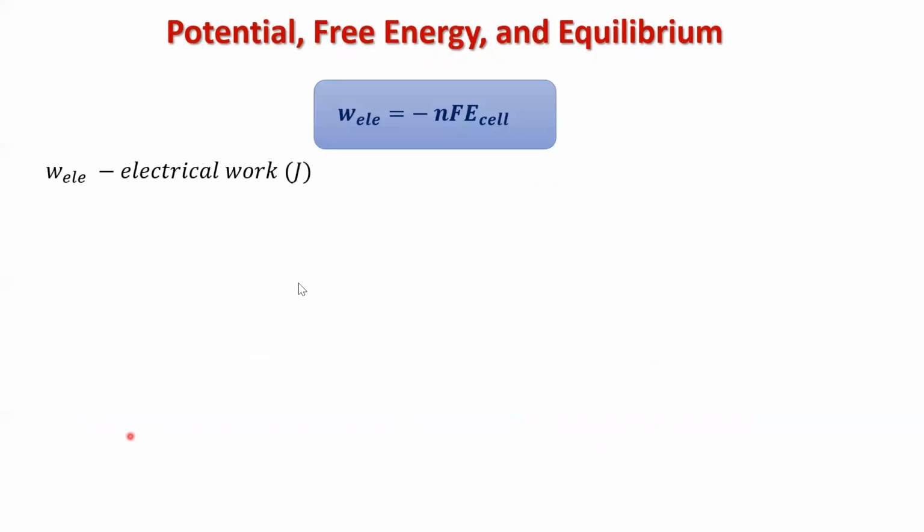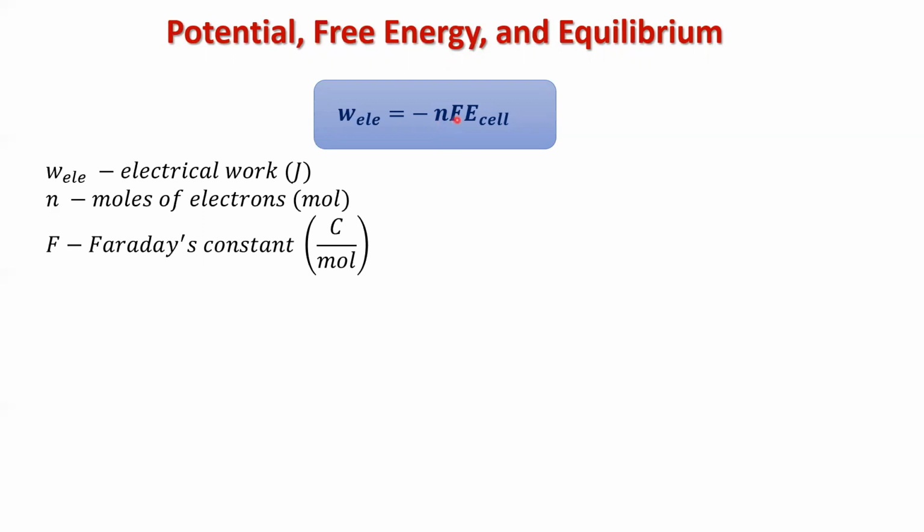All right, so we're going to look at an equation here that relates work to our reduction potential. The W in that equation stands for the electrical work. N stands for the number of moles of electrons in that system.